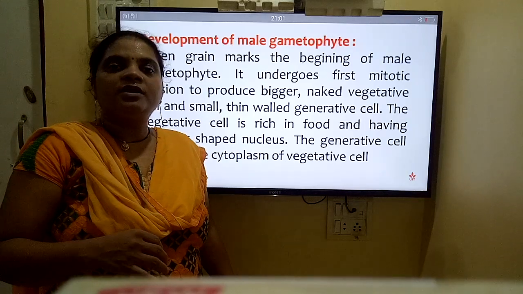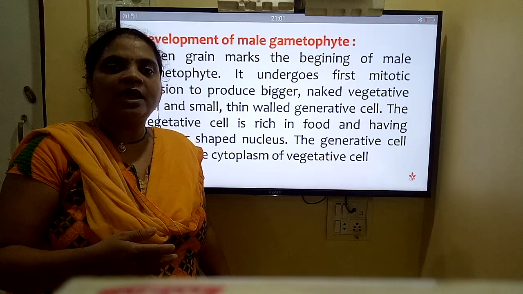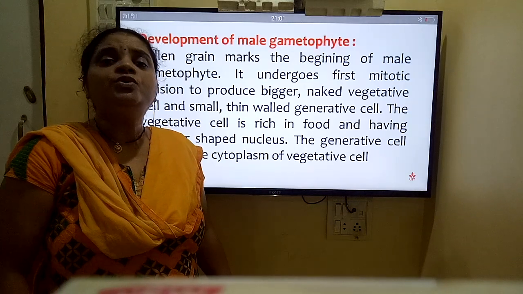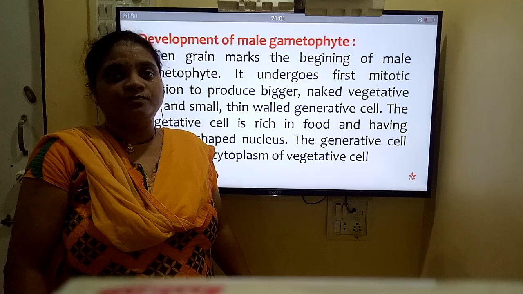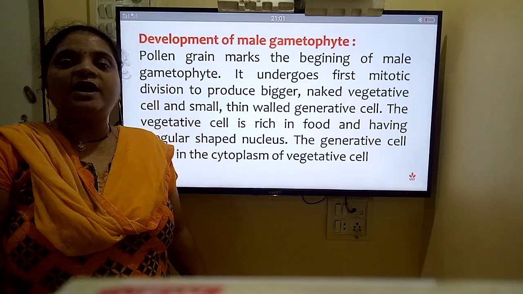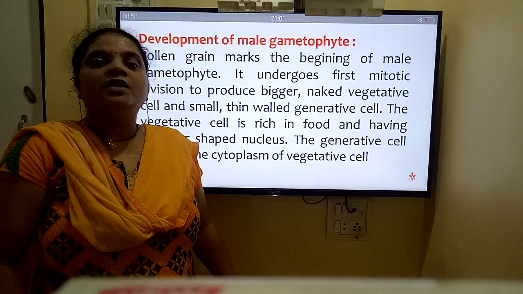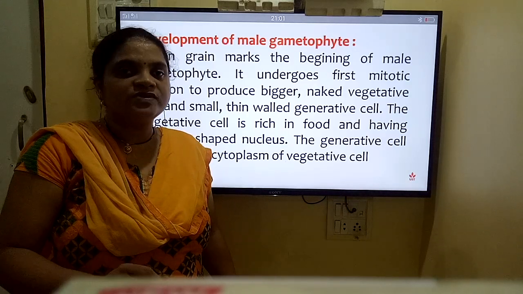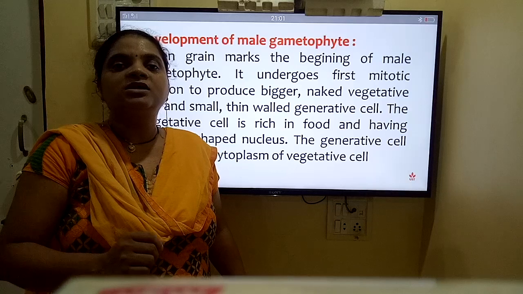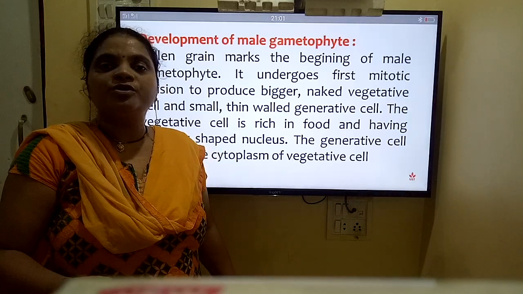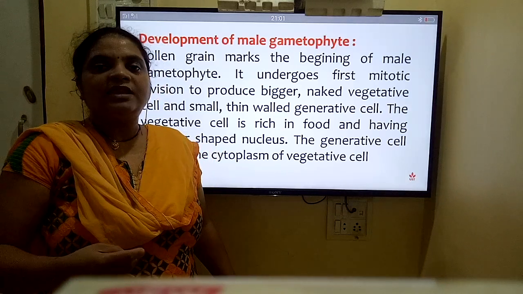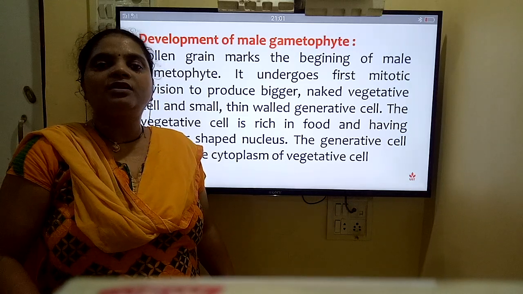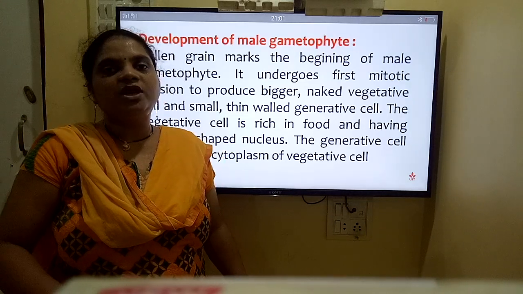To develop the male gametophyte, it undergoes two mitotic divisions. In the first mitotic division, the microspore starts to divide. There is a single nucleus, and the nucleus divides and produces two cells. One cell is called the vegetative cell and the other is called the generative cell.